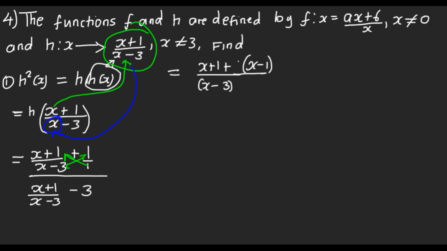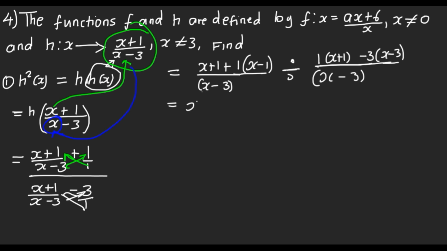So let's see if we can expand. So x plus, okay, let me do this, divided by, so this division is this line here. The other part, I'm going to do the same. The lowest common denominator is still x minus 3. Then I'm going to do the same. So this will be 1 times x plus 1 minus 3 times x minus 3.